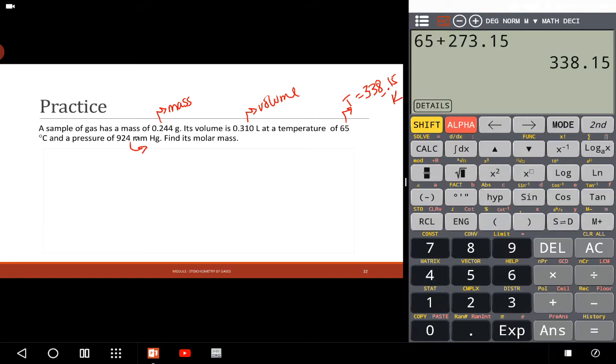We could convert this into atm, or we could use the R value that's for torr, that's on your yellow sheet, because a millimeter of mercury is a torr. So let's go ahead and figure out how many moles of gas we have.